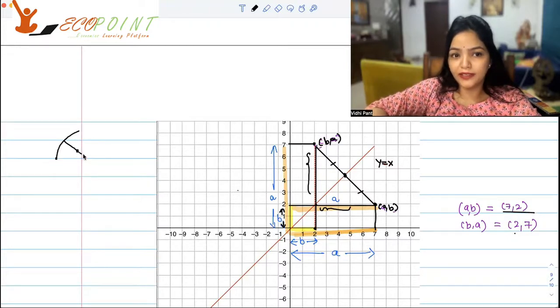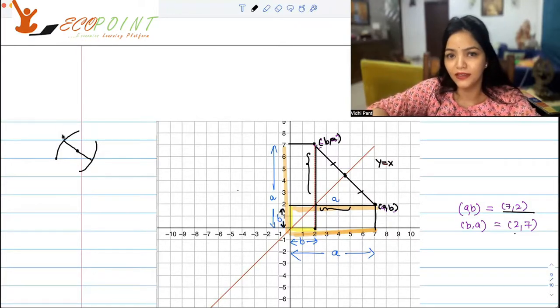When do we call that it's an image or reflection? When every point is giving you exactly the same distance from a particular line. It could be a vertical line, it could be any line. Here in particular, this is happening with the line y equals x.